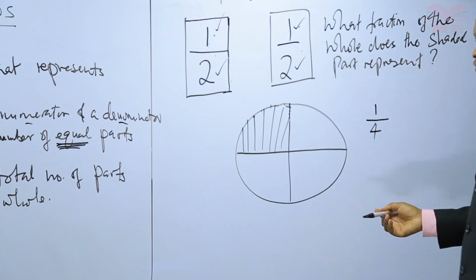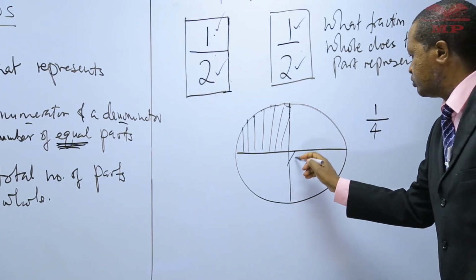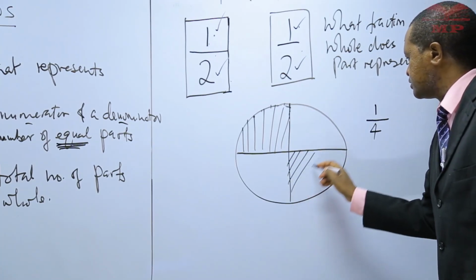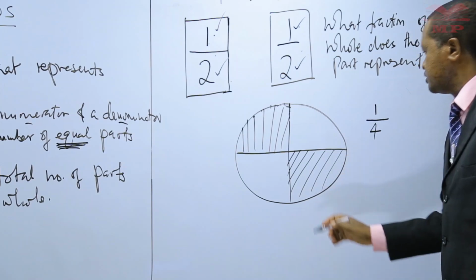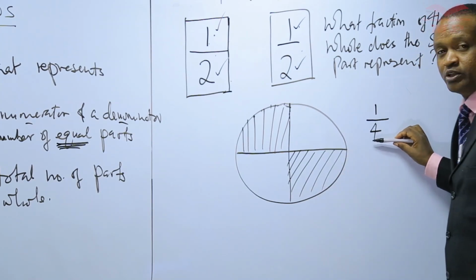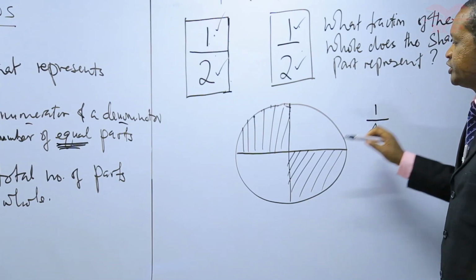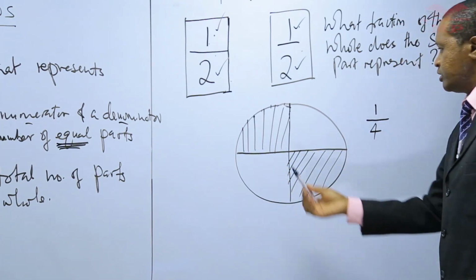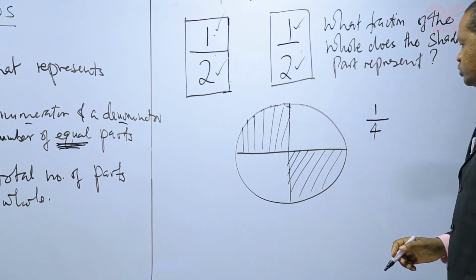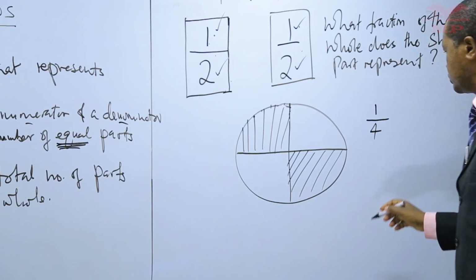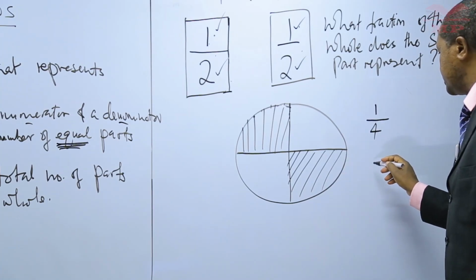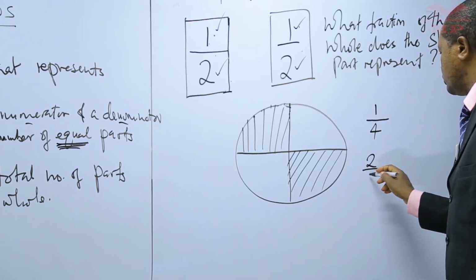We may decide to shade 2 parts. The denominator will remain at 4, and the shaded parts are 1 and 2. So in the second scenario, it will be 2 over 4.